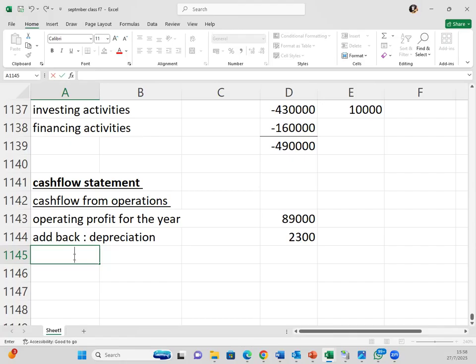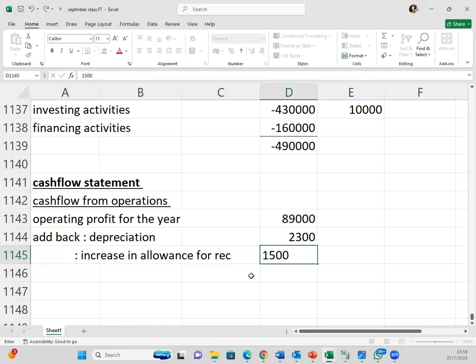Because they are not cash items. Or let's call it allowance, increase in allowance for receivables. You are adding that back because you had deducted this as an expense, but it's not a cash item.